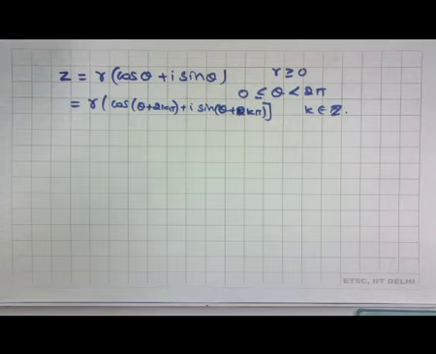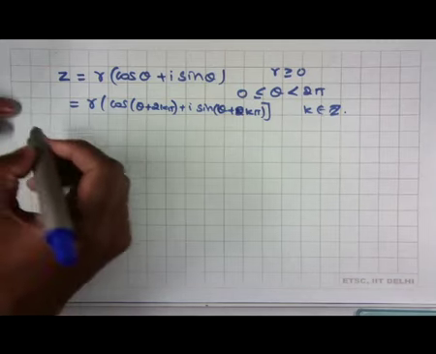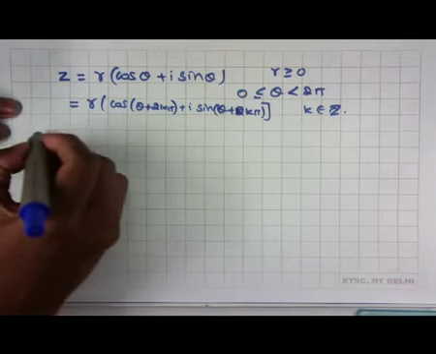Now, what are the results we discussed in the last class? One is the nice formula, that is De Moivre's formula.